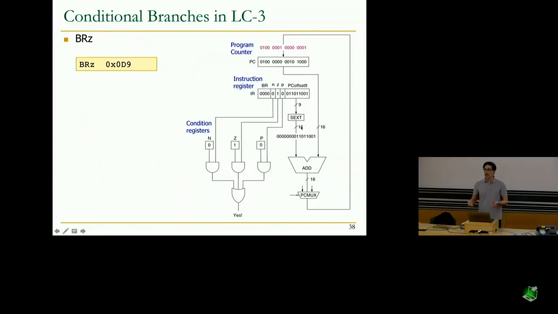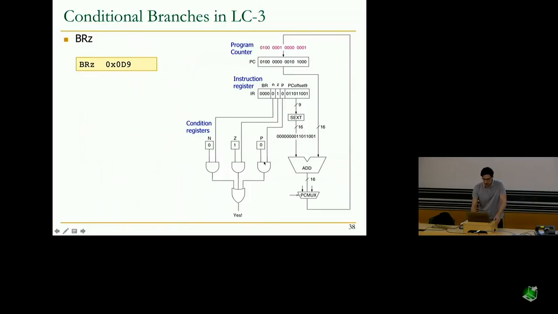They are written at the end of the execution of the last instruction that modified one register. So if, let's say, before this BRZ, we had some assembly instruction that initialized one particular general purpose register to 0, the condition register is n equals 0, z equals 1, and p equals 0.